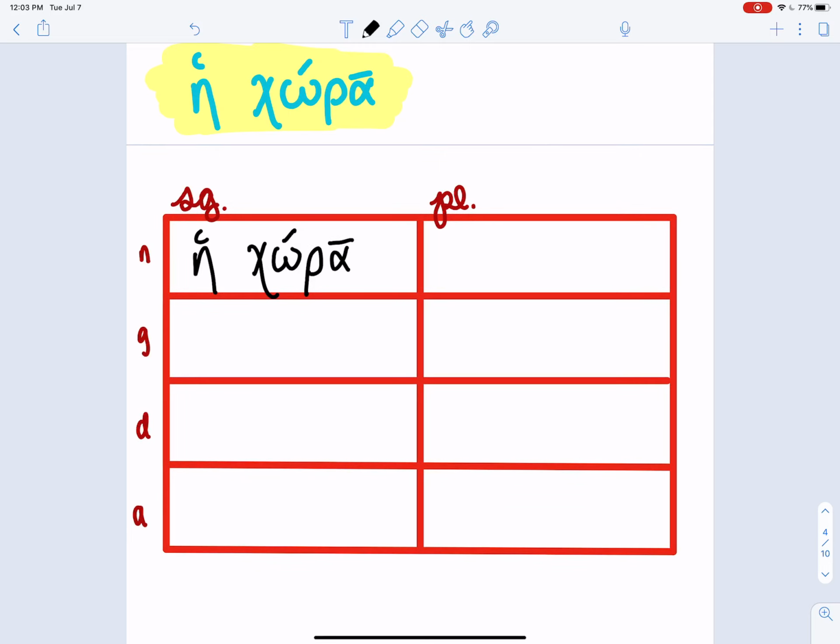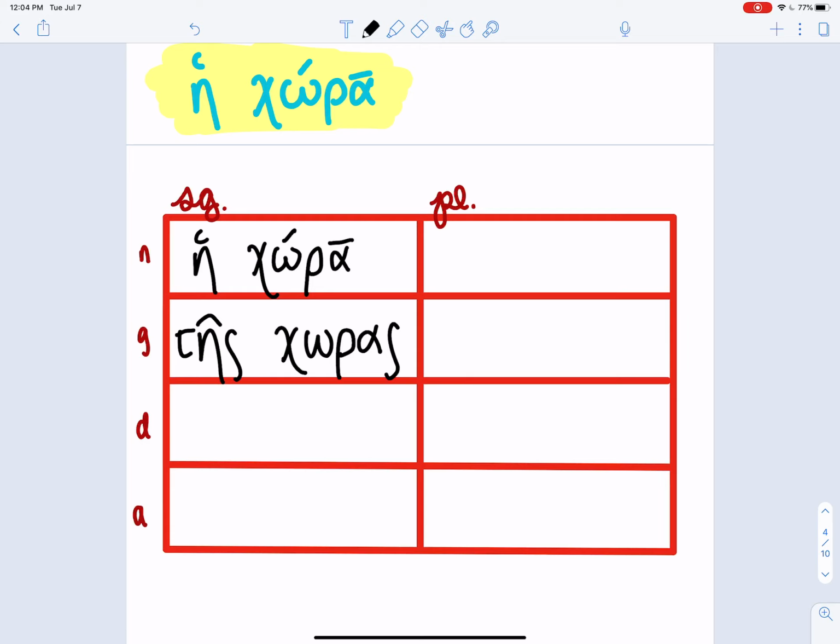Now, genitive, for our article, we have tes, like I just said, with that circumflex, and then horas, with the alpha sigma as your genitive ending.